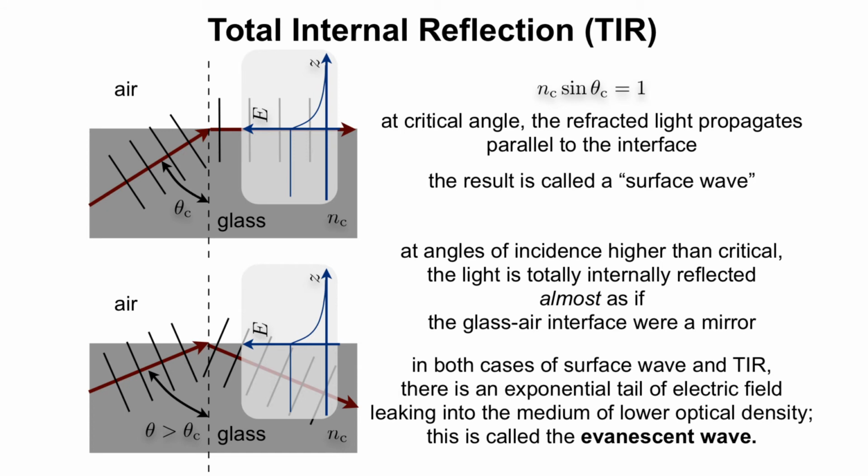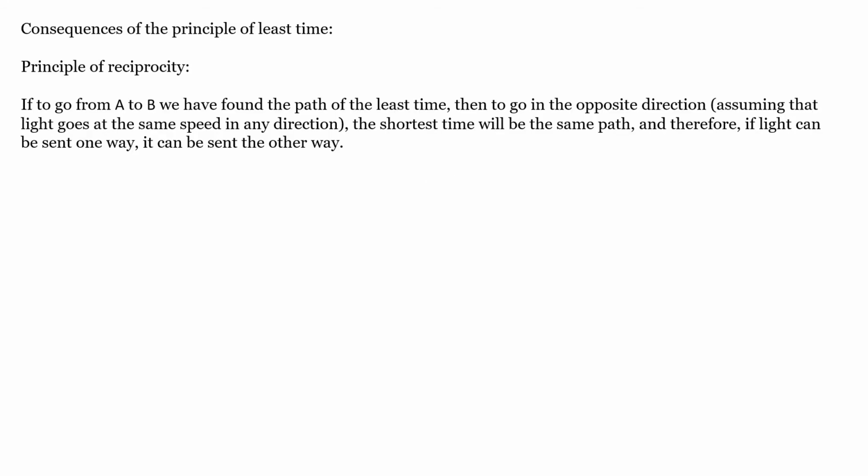Some of the light escapes and goes into air. That's called an evanescent wave. This is the electric field as a function of distance above the interface. So it decays a little bit. A little bit of light goes out. This evanescent wave is often used in different optical spectroscopy tools. One is ATR, attenuated total reflection infrared spectroscopy. Okay, so that's about evanescent waves.